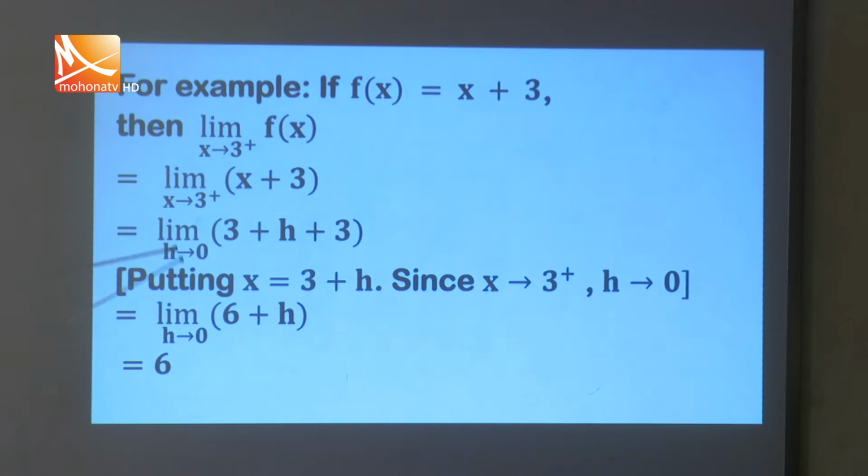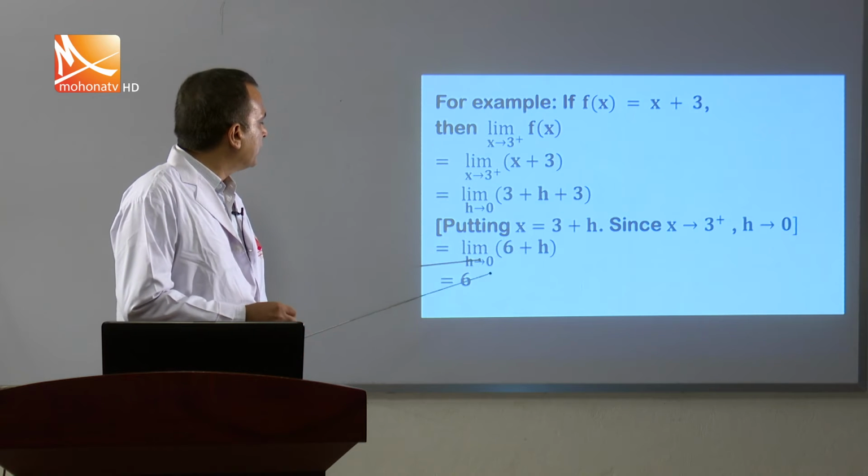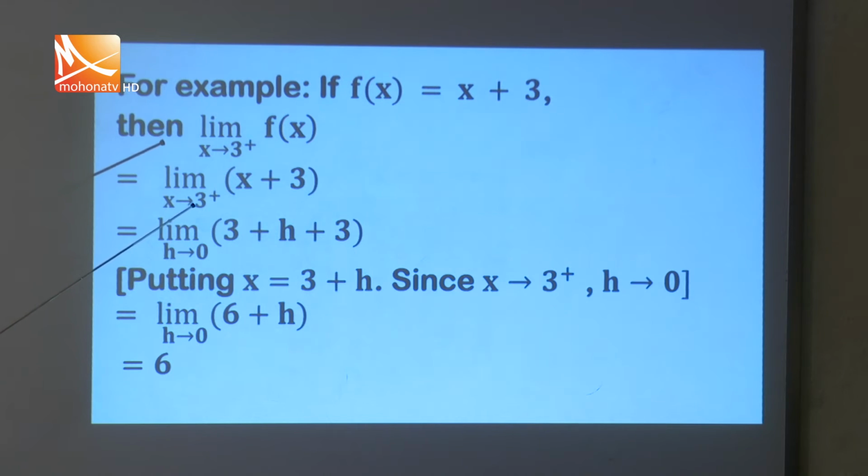Limit h tends to 0 of 3 plus h plus 3, this is 6 plus h. Since the limiting value of h is 0, it's 6 plus 0. So the limit of this function is 6 when x tends to 3 plus. Okay, now we are going to the next slide.